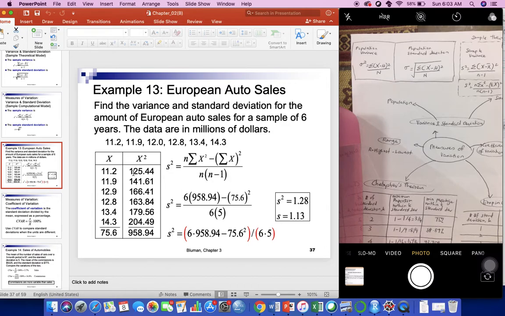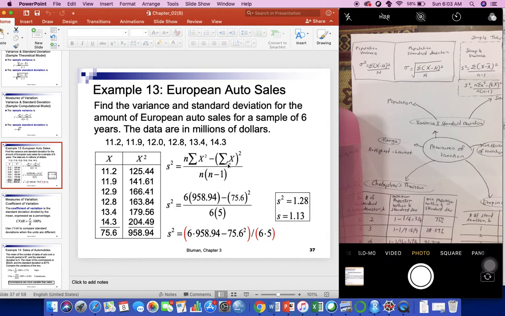So the summation is 125.44 plus 141.61 plus 166.41 plus 163.84 plus this one and plus this one. The total summation is 958.94, so put 958.94 here.